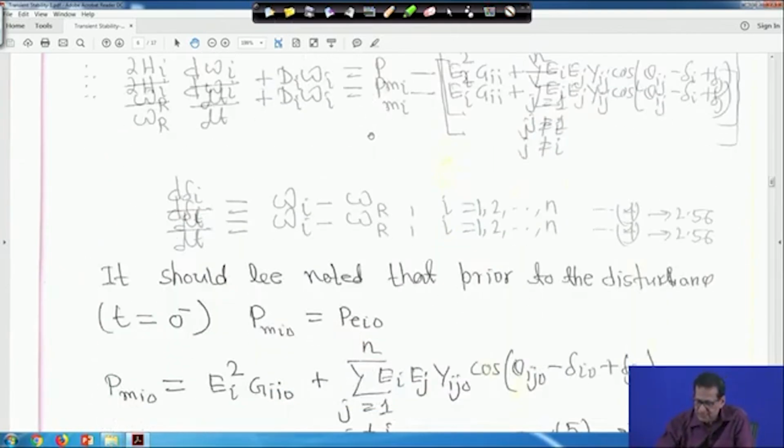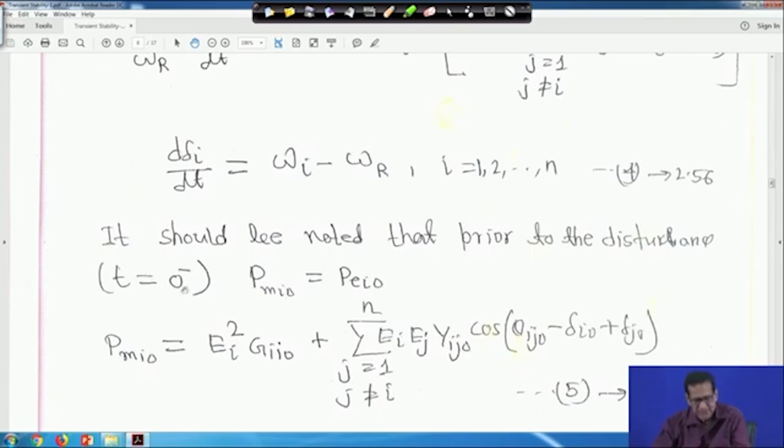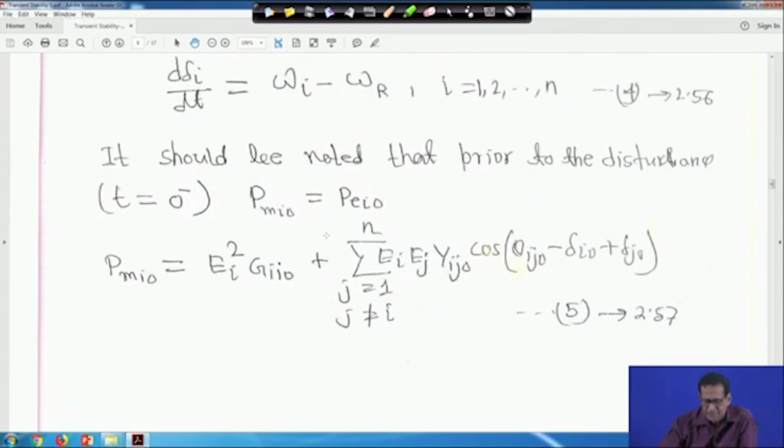It should be noted that prior to the disturbance, at t equal to 0 minus, just before the disturbance, Pmi0 is equal to Pi0; it was balanced. The mechanical power input Pmi0 is equal to the electrical power output Pi0. So just before the disturbance, Pmi0 is equal to the same equation with suffix 0: Ei squared gii0 plus the sum over j equal to 1 to n, j not equal to i, of Ei Ej yij0 cosine of theta ij0 minus delta i0 plus delta j0.